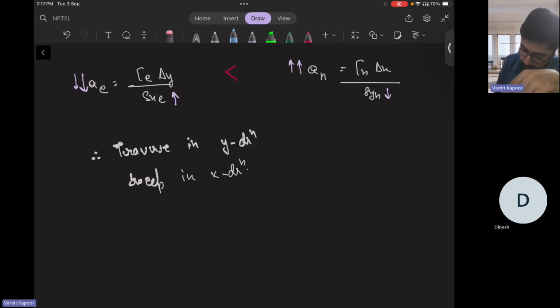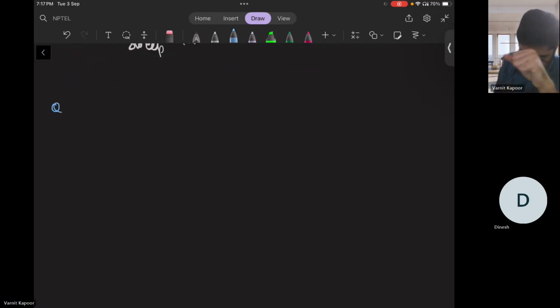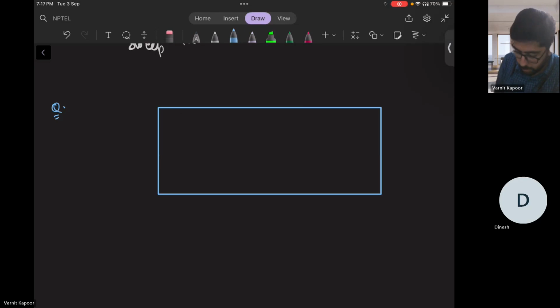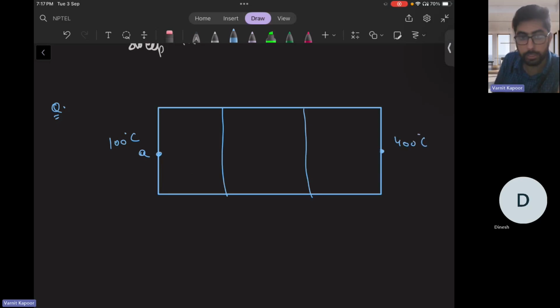Let me do one question here. This is a one dimensional case. Point A is having 100 degrees Celsius, I'm doing 1D diffusion. And at this point, the temperature is 400 degrees Celsius.